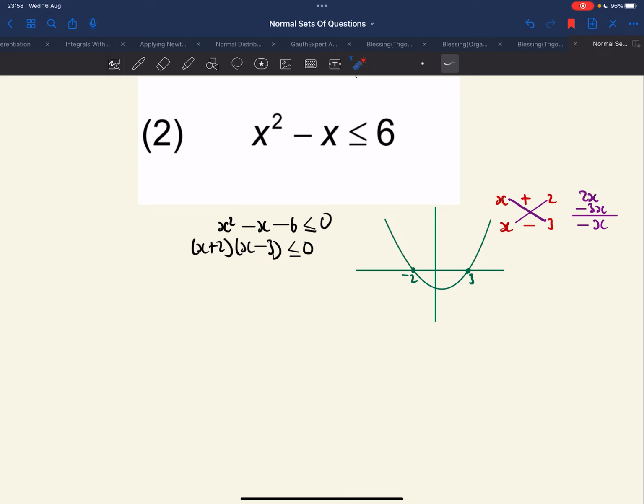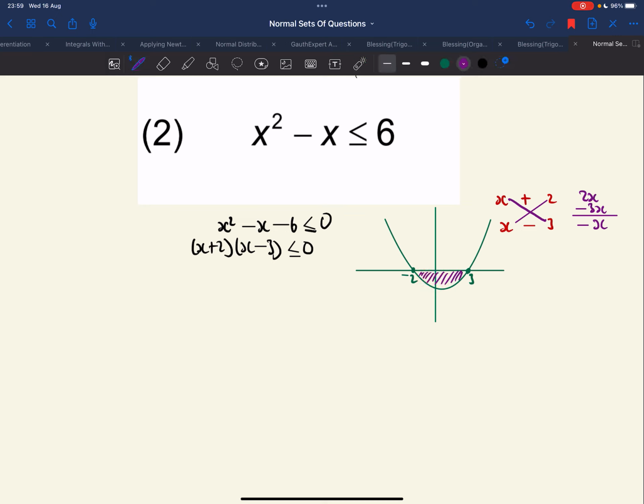And if we do look at that, it is on this part down there, because from this point till here it's greater than 0, and from this point there it's also greater than 0. So the only place where the function is less than 0 has to be this shaded part there.